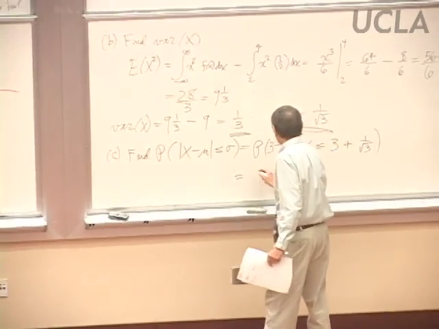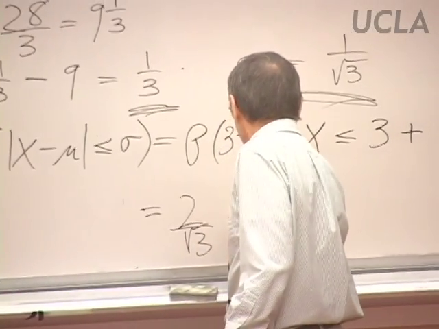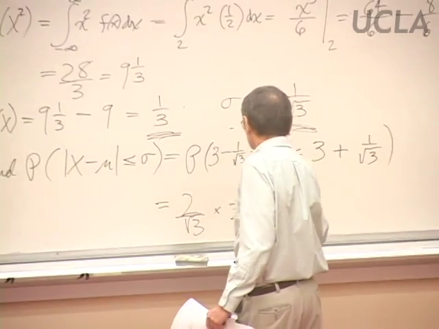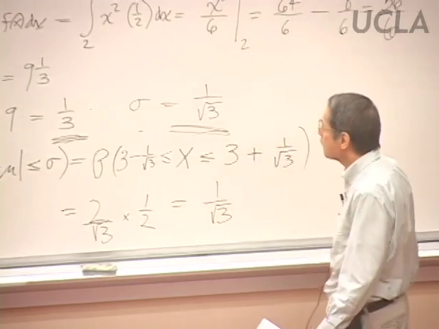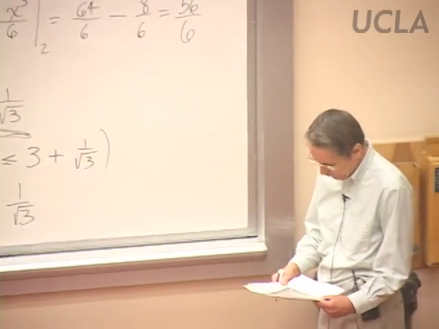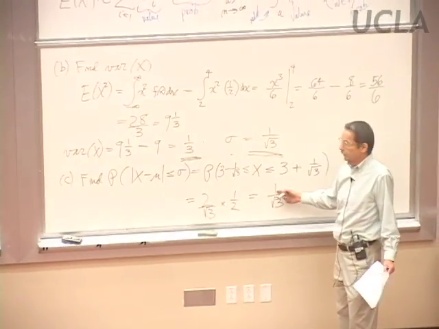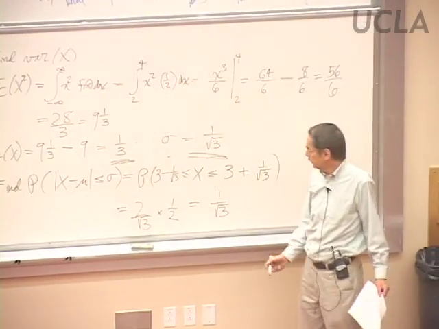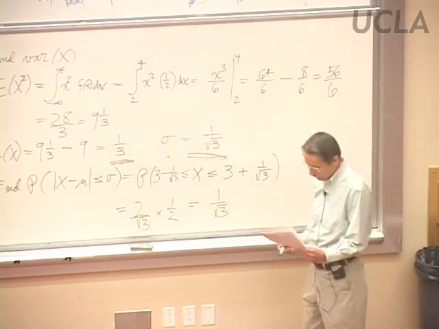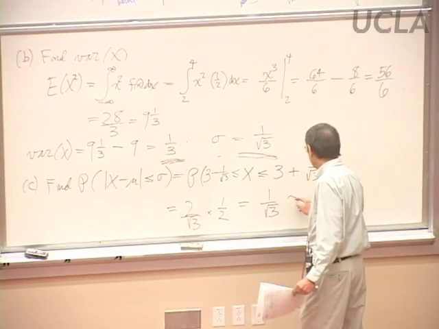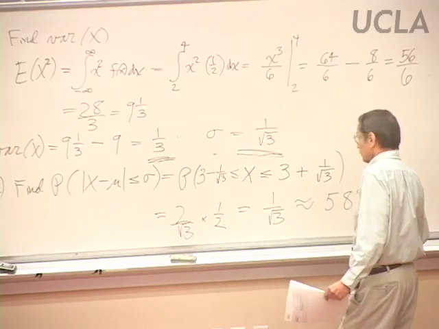The base of this rectangle is 2 over the square root of 3, and the height is 1/2. So the probability of being within 1 standard deviation is, again, 1 over the square root of 3. Numerically, to the nearest percent, it's about 58%.